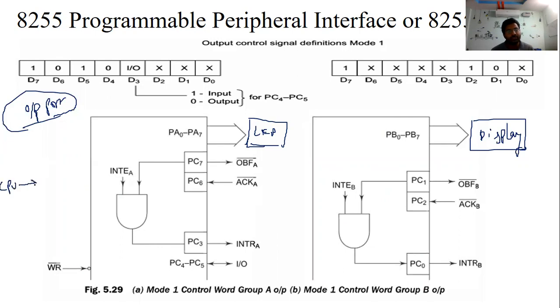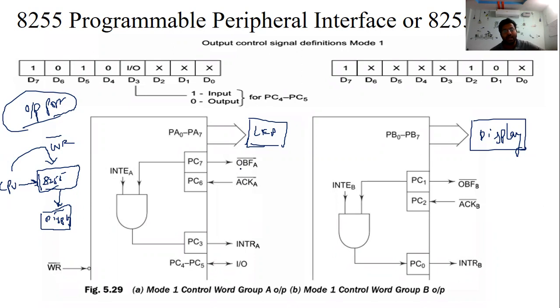Look at these arrows: CPU to the 8255, then to the display. Whatever data is available in the CPU is loaded into the 8255 PPI. The microprocessor performs the write operation. Then the 8255 PPI loads the data to the display.